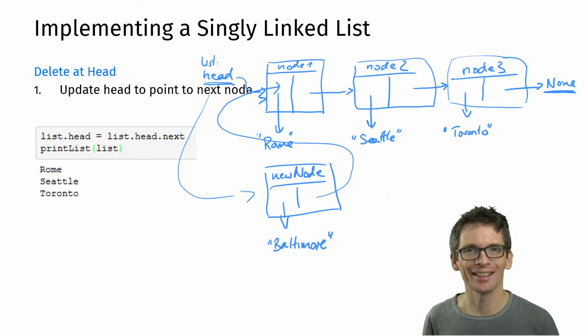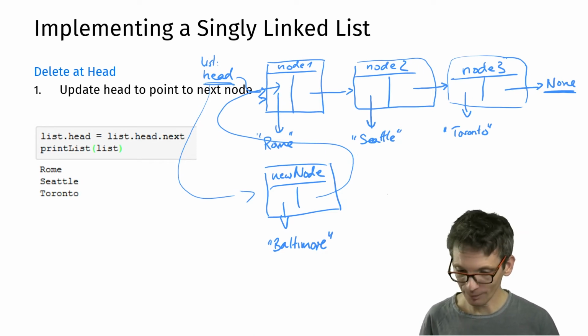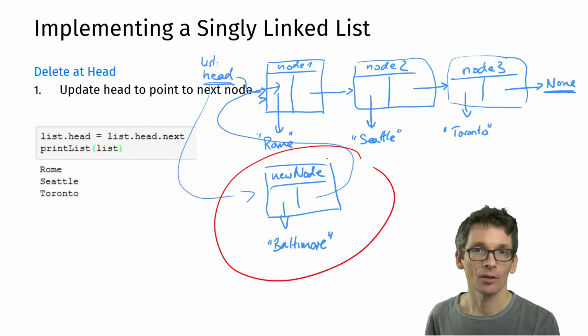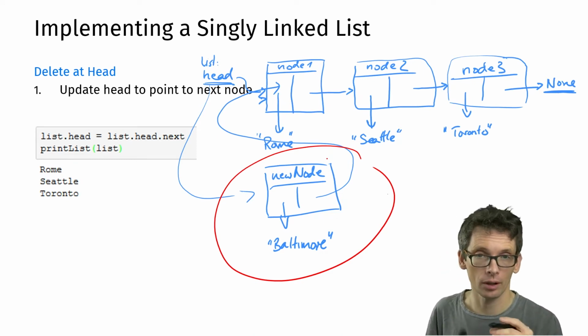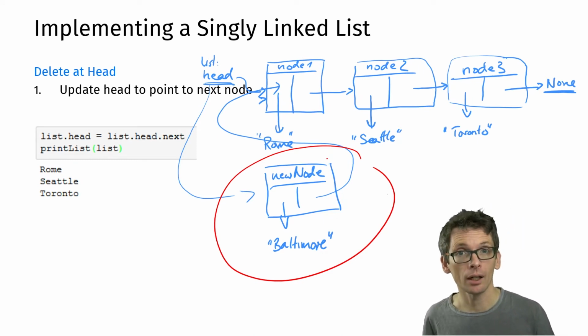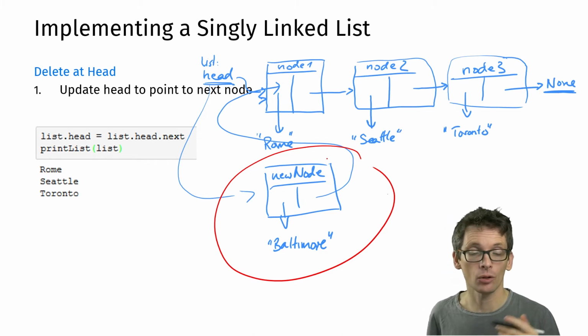How do we delete? That's very simple, at least deleting at the head is very simple. So let's say here we want to remove the first node. The node was Baltimore, this one. The only thing that we need to do is to update the head. So the head now should, in this case, be node 1 again. How can we tell the head to be node 1?